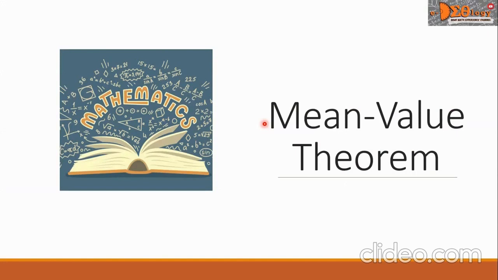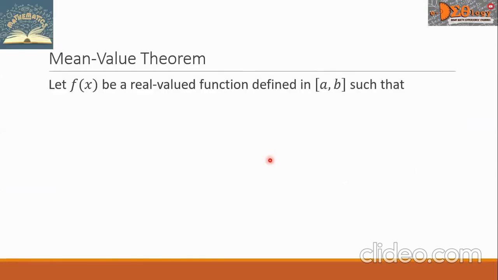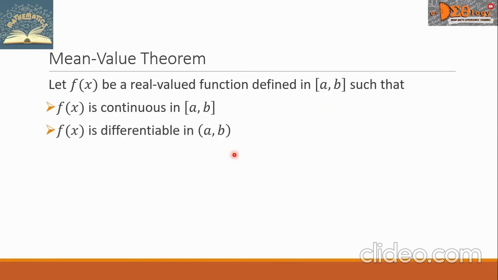Today we're going to study mean value theorem. Let f of x be a real valued function defined in the closed interval from a to b, such that these two conditions are satisfied. The first condition is f of x is continuous in the closed interval from a to b.